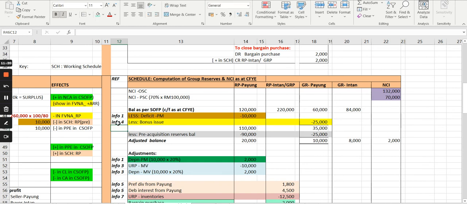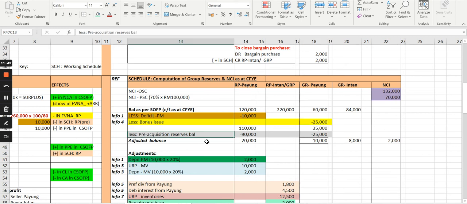Okay, so you can check information 4, and also check consolidation journal entry 4. The bonus issue was taken from the general reserve. So the general reserve 25,000 is being reduced by the bonus issue, because the journal entry was to debit the general reserve and credit the share capital.